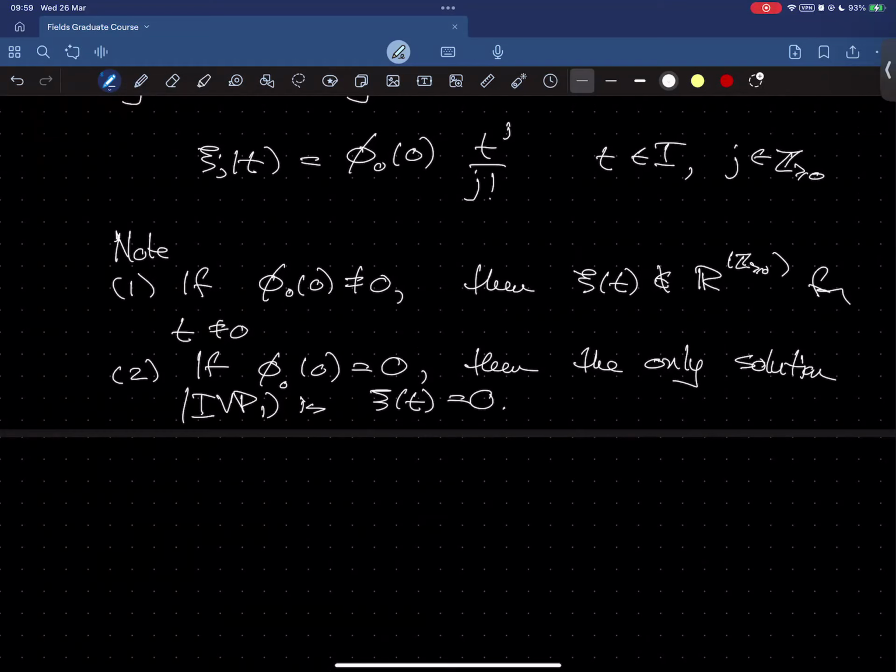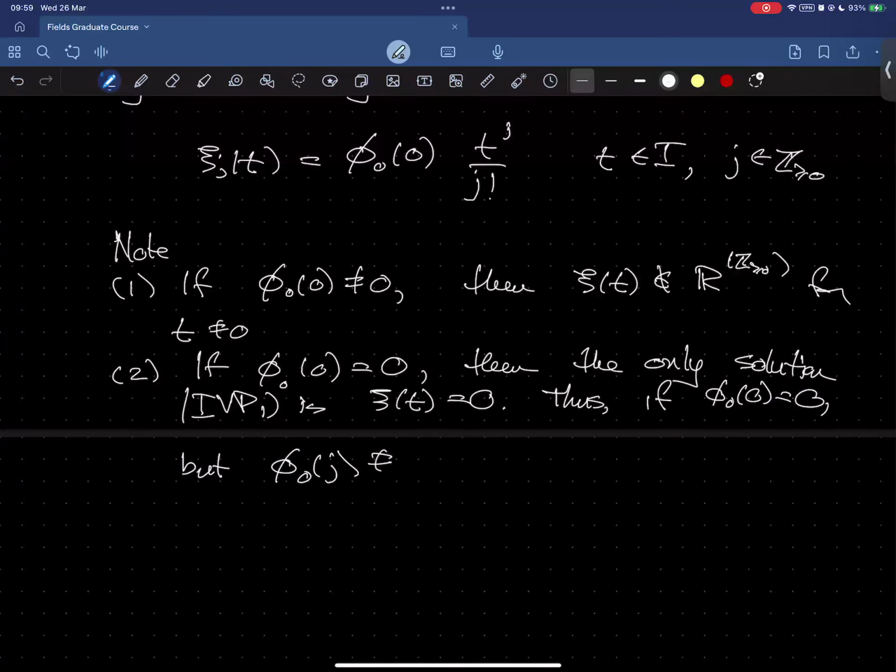And so in particular, you can see that if phi 0 of 0 is equal to 0, but phi 0 of j is not equal to 0 for some non-zero j, then IVP1 still has no solution.